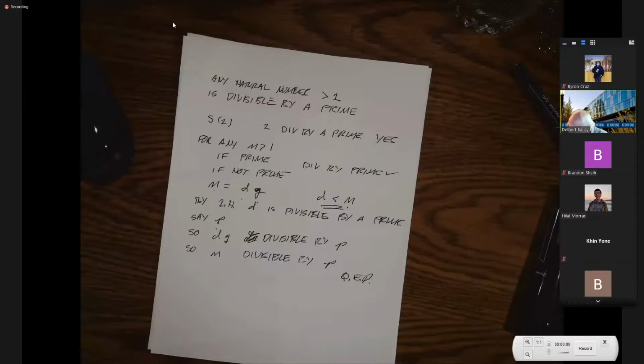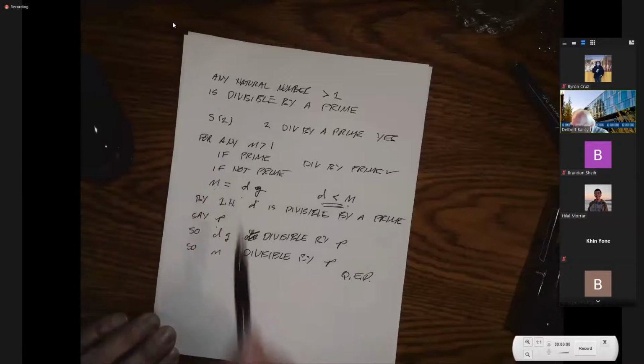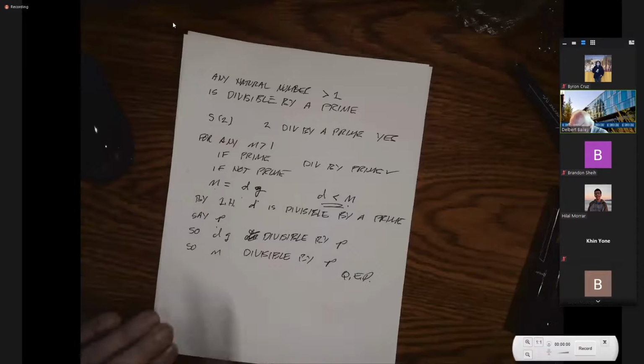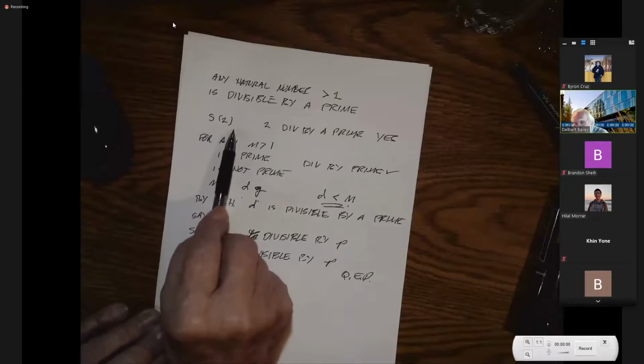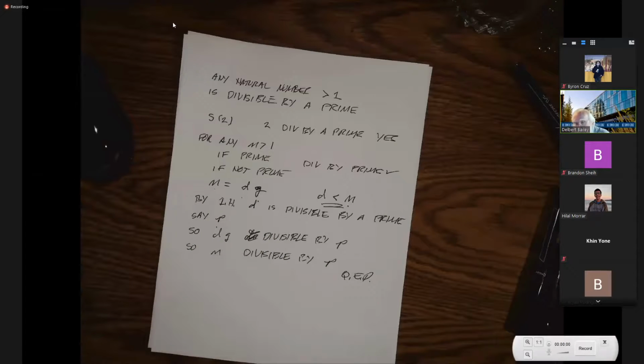To make it feel more comfortable, remember that we showed it back for the case 2. Then given that, using this reasoning, that would show that it must be true for 3, for 4, etc. In other words, if you can assume that it's true for numbers smaller and prove that it's true for n, that's just one piece of an inductive proof, right?